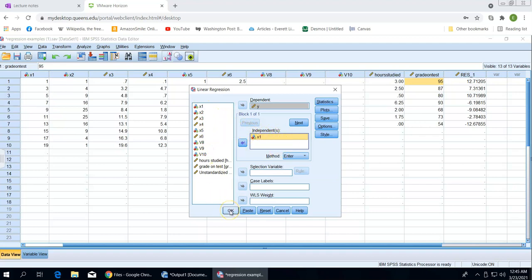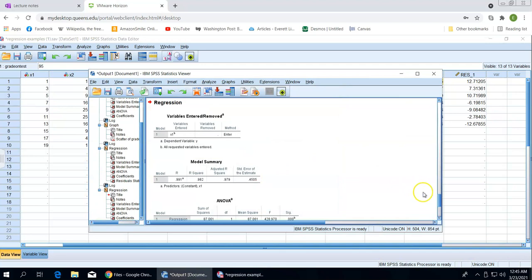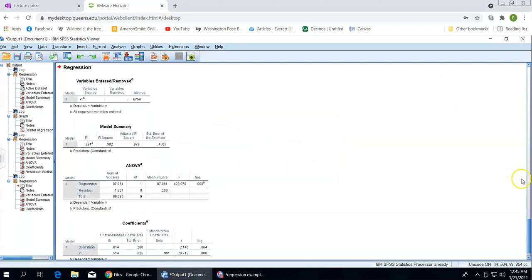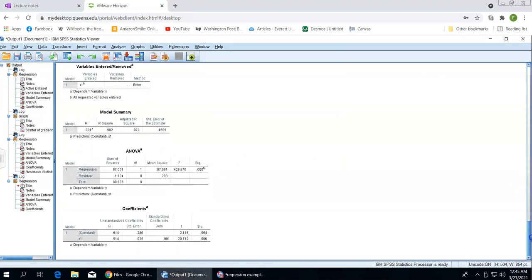I just want to show you what would happen to the coefficient of determination. So here we've got just one variable. Our r squared is 0.982, and that's because we don't have as many variables.